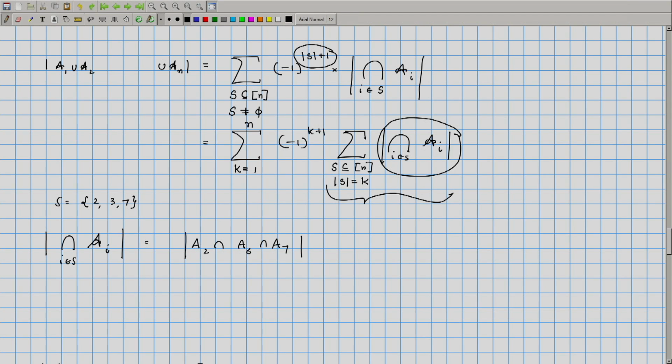Now, what really is this set? It is just all those permutations such that 2 appears at the second position, 3 appears at the third position and 7 appears at the seventh position. The other positions, if there were n numbers to choose from, the other n minus 3 positions can be chosen arbitrarily.